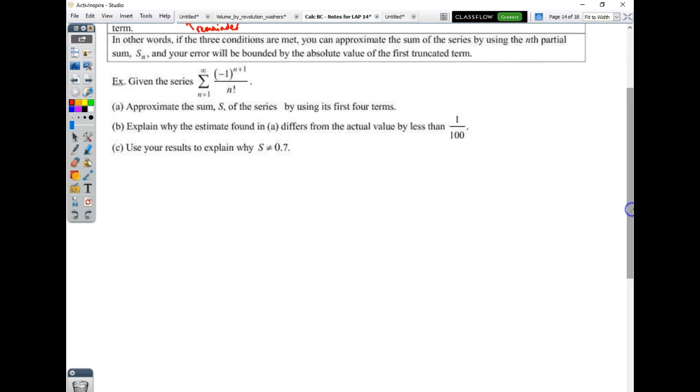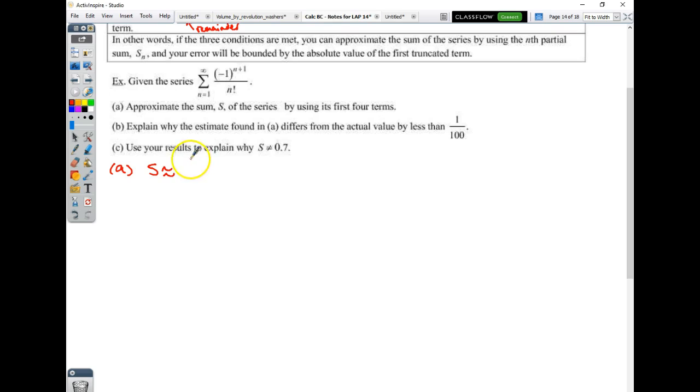So let's take a look. Given a series, approximate the sum S of the series by using its first 4 terms. Okay. So part A says we want to approximate S. S is approximately what? Well, it says using the first 4 terms.